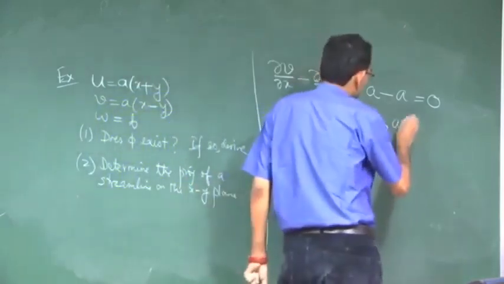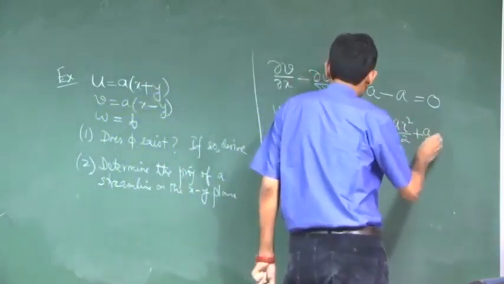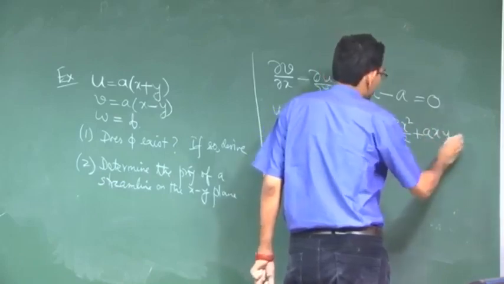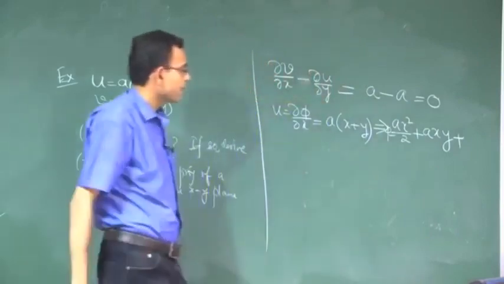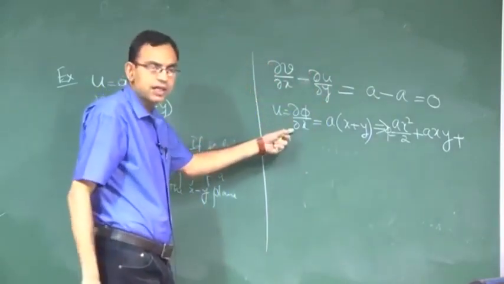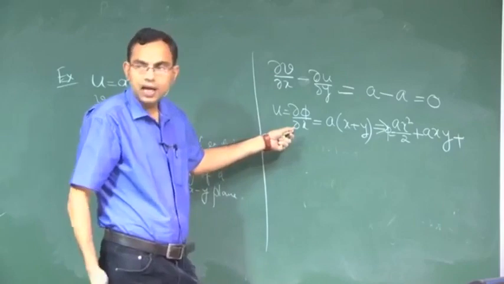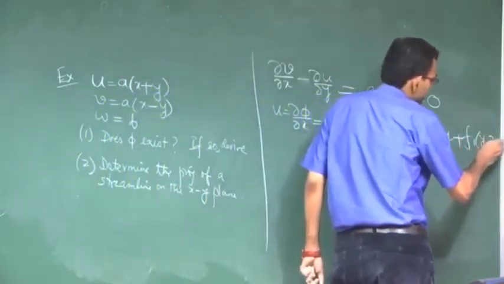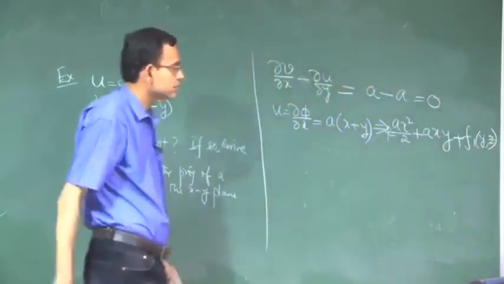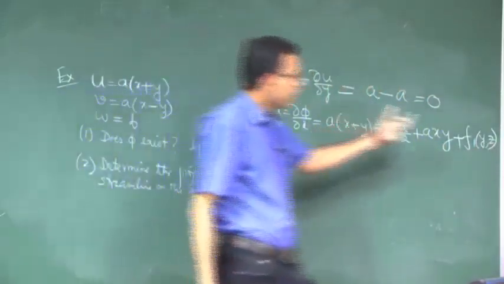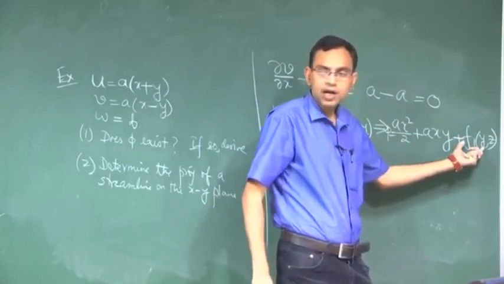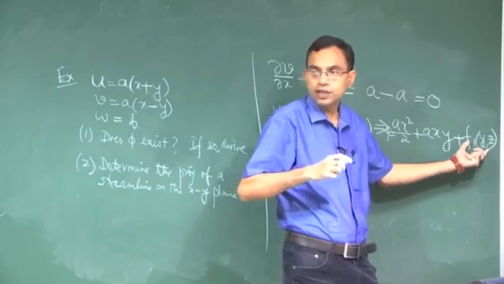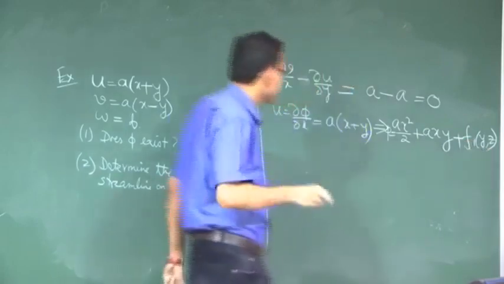So, a x square by 2 plus a x y, so this is phi, plus with respect to x when it is integrated, functions of y and z are like constant. So, plus a function of y and z. This is where lots of students make mistake, because they forget the partial integration and they just write this as a constant of integration, which is not correct.